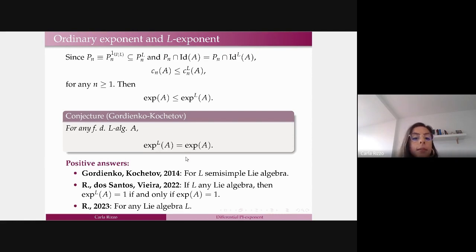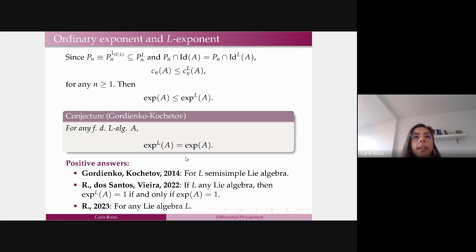Then in a paper that is just being published now, I proved that this conjecture is true for any Lie algebra L. The reason is the structure of the action. We have a really strong action by derivations, and derivations satisfy the Leibniz rule. One really key thing in my proof was the Leibniz rule.